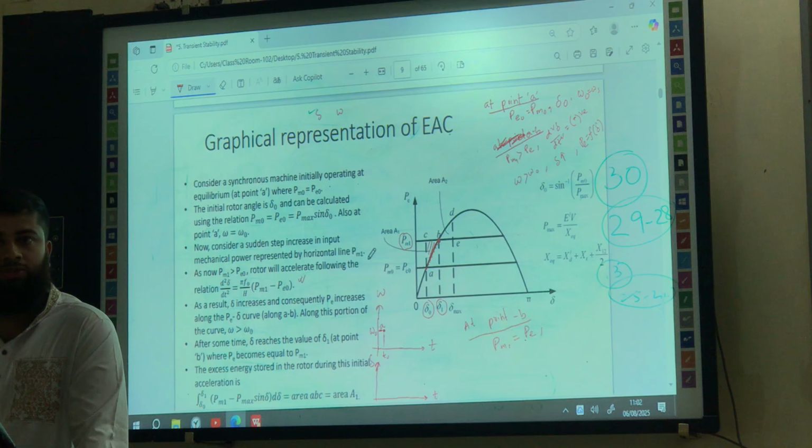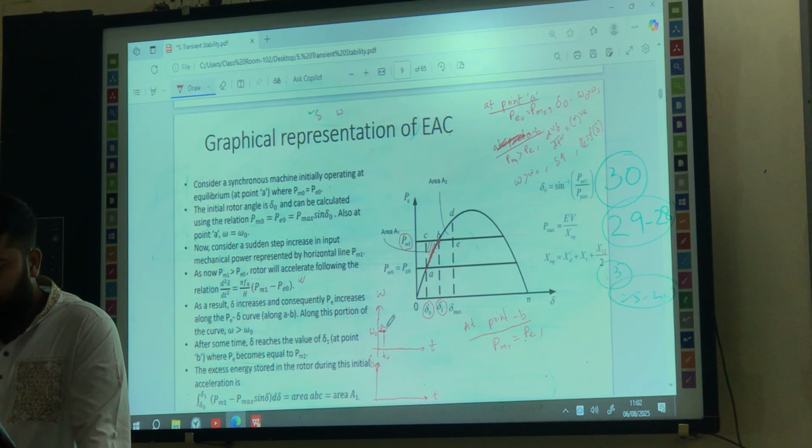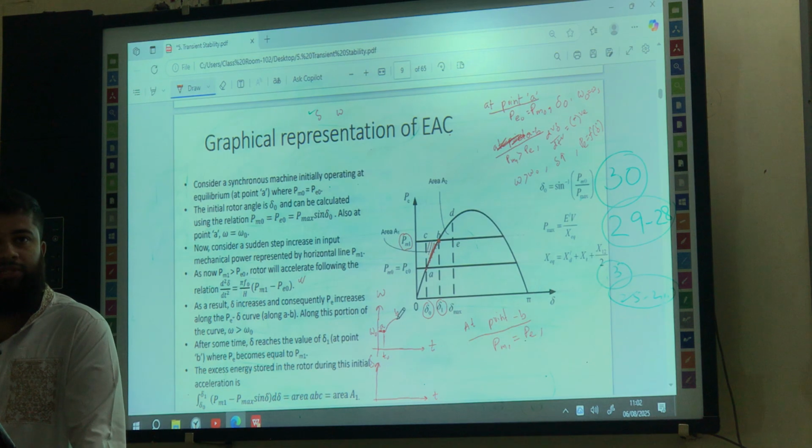Because there will be acceleration, right? So what will be the change? It will be like this. And it will come to this B. This point is B. Because look, now the omega will increase over the time from A to B, right? So this will be the change here.